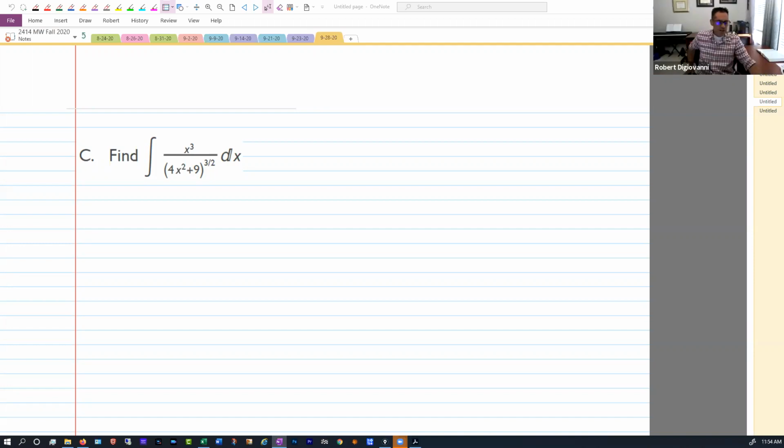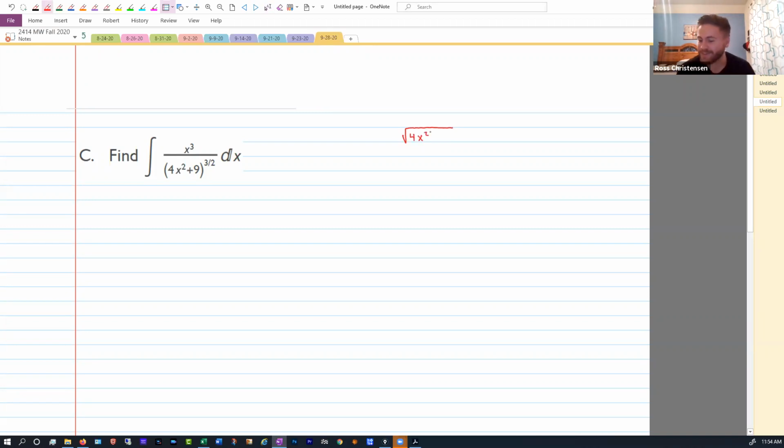All right, any volunteers? Or does anyone just want to tell me how they feel when they see this problem? Go ahead, Ross. The first thing I thought of was taking the 4x squared plus 9 to the 3 halves and making it the square root of 4x squared plus 9, cubed.